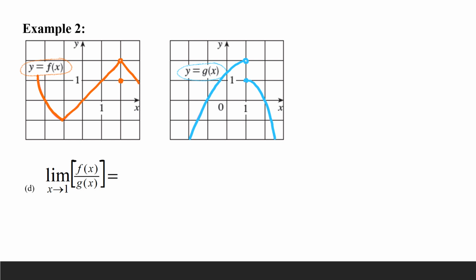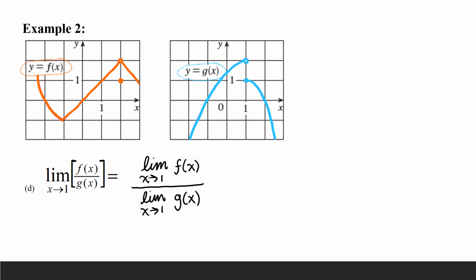Now let's take a look at the limit as x approaches 1 of f of x divided by g of x. Let's split this up using our limit laws. So we have the limit as x approaches 1 of f of x all over the limit as x approaches 1 of g of x.